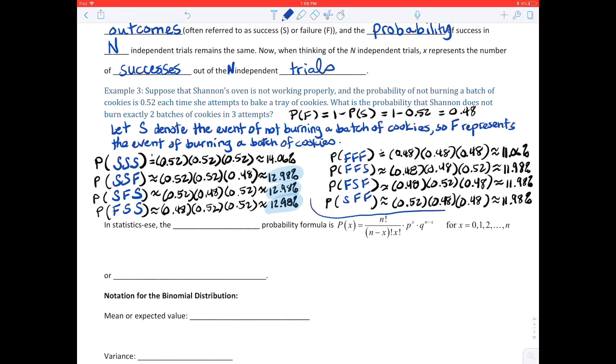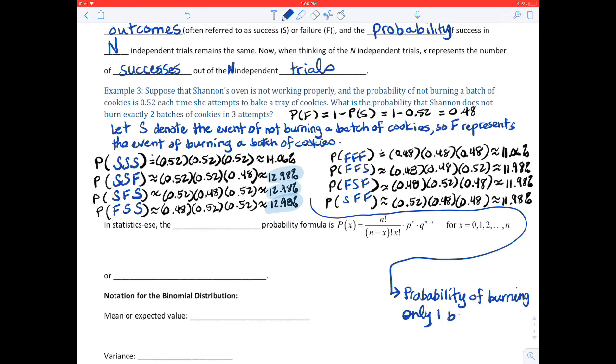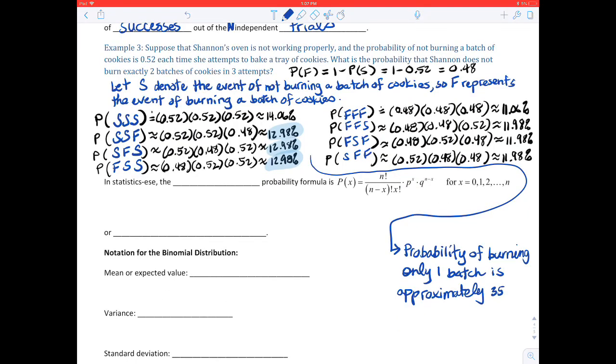So the probability of burning only 1 batch is approximately 35.94%, and I just added up those 3 blue ones. Cool? Alrighty then.